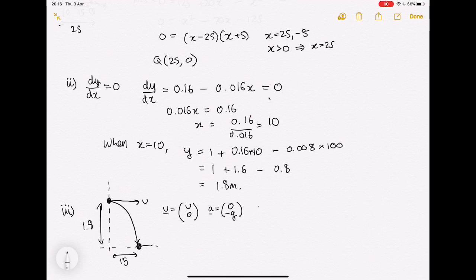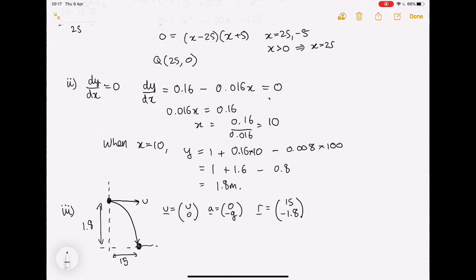Well, its displacement r is 15 horizontally, and it has gone down by 1.8.